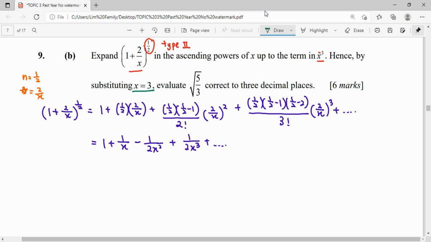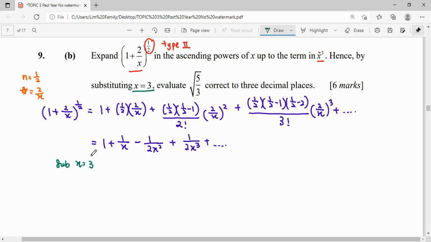They ask us to substitute x equals to 3. When we substitute x equals to 3, we have to substitute in both sides. That's why I mentioned your binomial title should be at the left hand side and your expansion at the right hand side. Don't ever write your expansion below it. It must be very clear what your left hand side is and what your right hand side is.